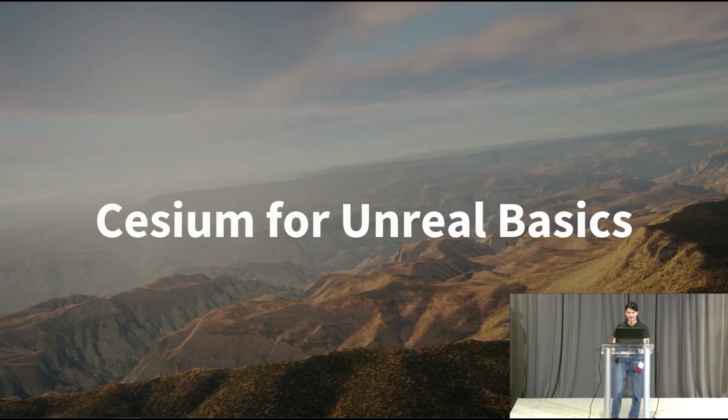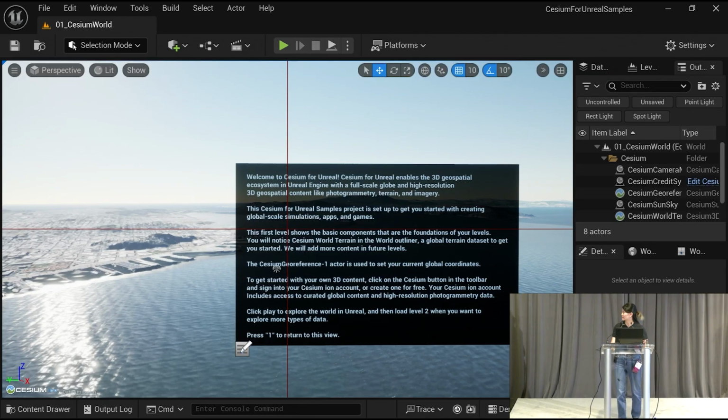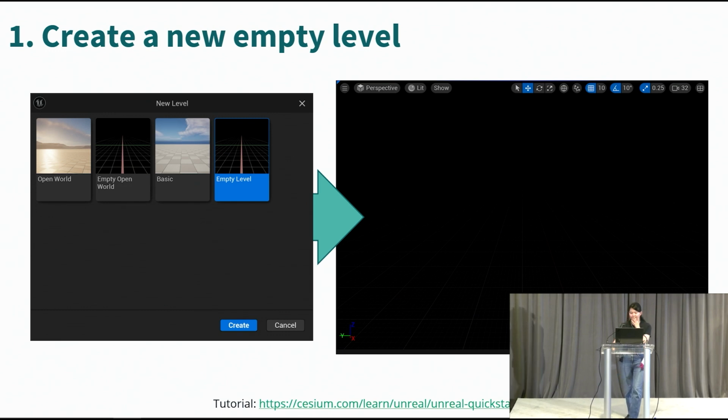All right, so we're going to start, and I'm going to try and handle Unreal Engine on the side at the same time. So first, let's create a new level. OK, so first, you're going to create a new empty level in the samples project. You can go to that by File, New Level, and then select Empty.